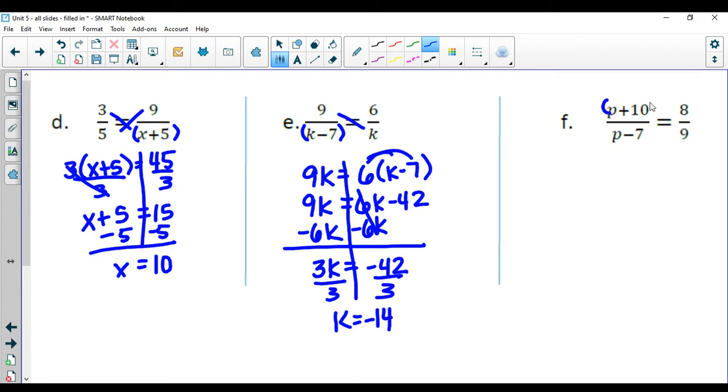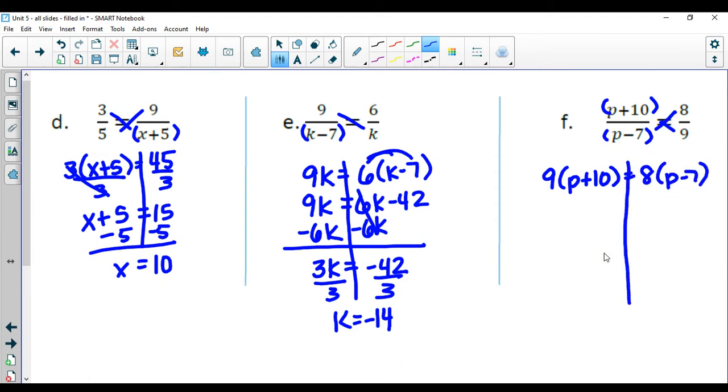Last example, I notice I have an expression on the top and on the bottom. So I have 9 parentheses p plus 10 is equal to 8 parentheses p minus 7. Because I have this on both sides, I'm going to have to distribute. So I have 9p plus 90 equals 8p minus 56.